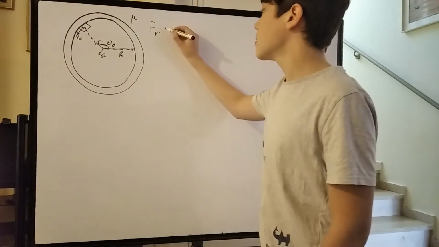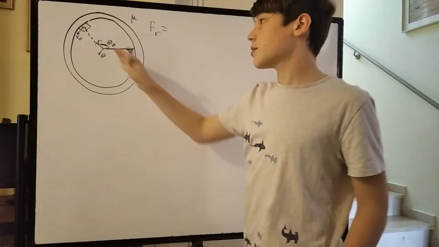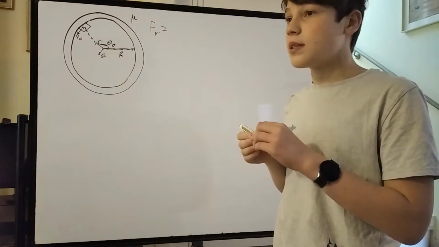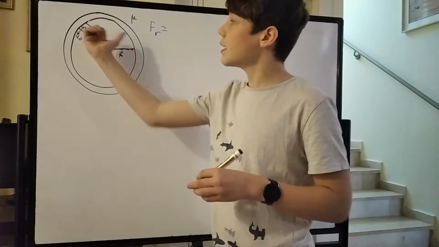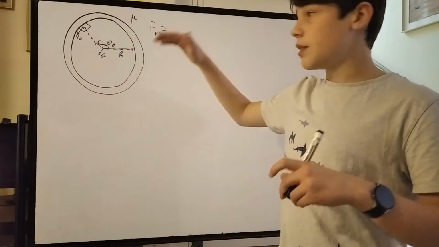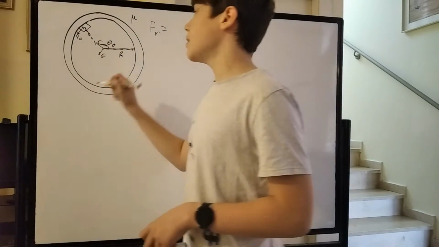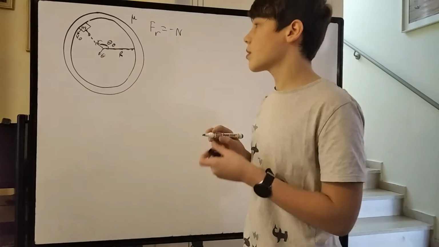So Fr has all the forces acting upon it in its radial direction, and the only forces acting on it in this plane are actually friction and normal force. And the only thing acting in the radial direction is the normal force here, in the opposite direction, and this is negative the normal force.